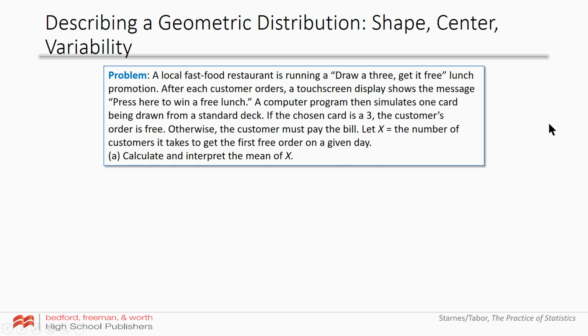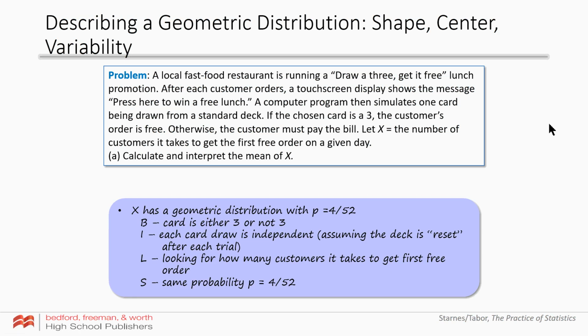Remember, we can't just use that formula. We need to determine that it's a geometric distribution first, then we can use the formula for the mean. So we can say that X, the number of customers it takes to get the first free order, is geometric because we have binary: the card that's chosen is either a 3 or it's not. We have independence because we're going to assume that the deck of cards is reset after each trial.